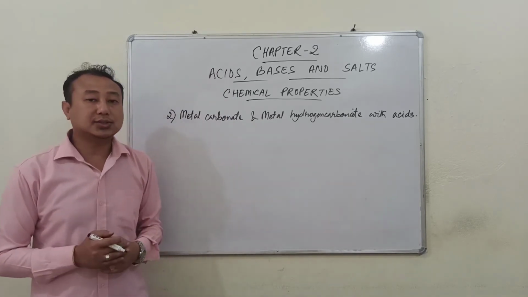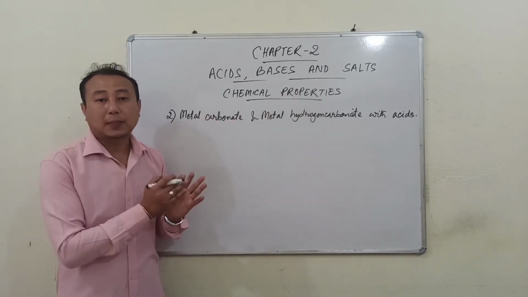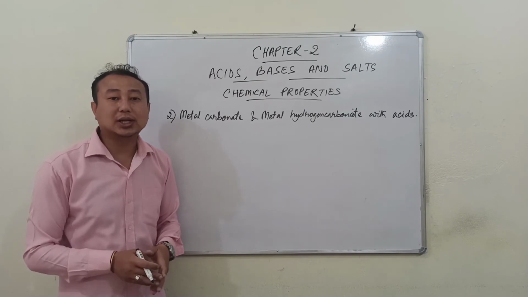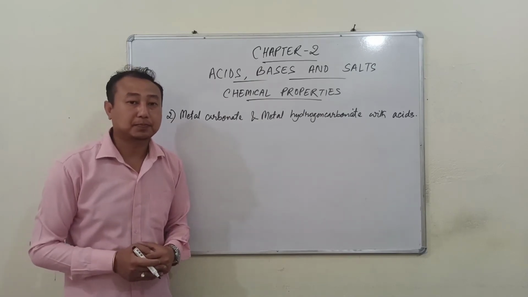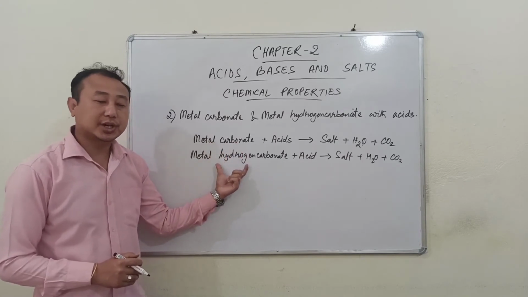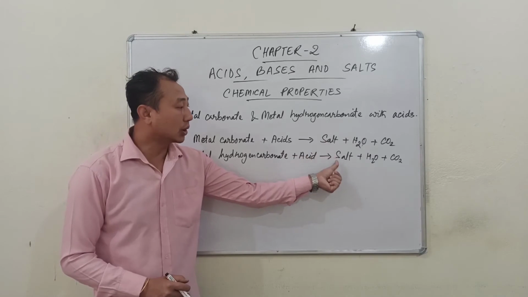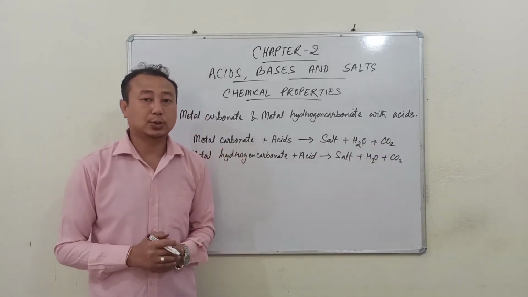Now let us discuss the reaction between these two substances and the acid, by taking the general reaction as well as an example. When a metal carbonate or a metal hydrogen carbonate reacts with an acid, it forms salt, water and carbon dioxide.